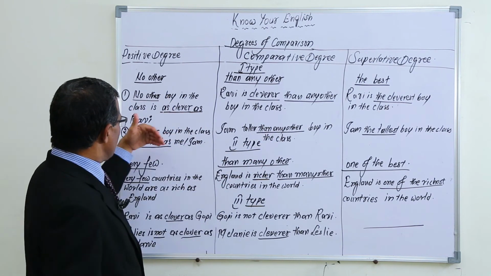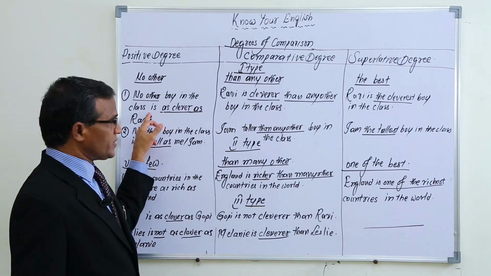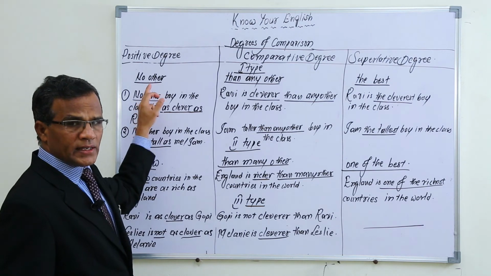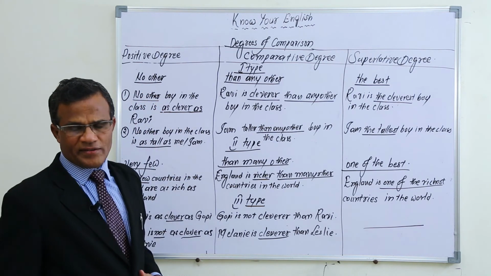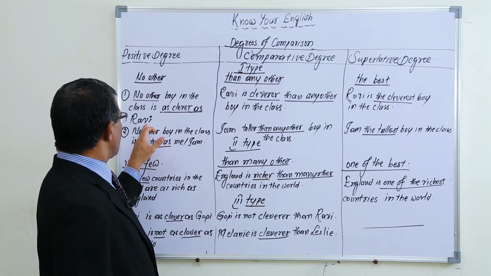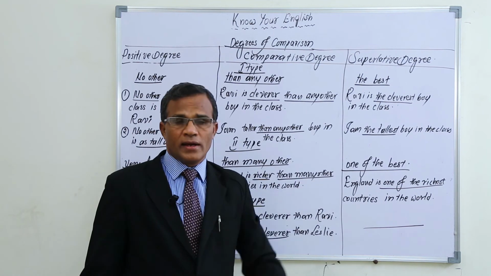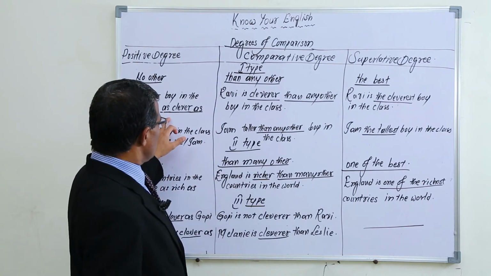Okay, now let me give clarity about this one. No other boy in the class is as clever as Ravi. I am comparing the cleverness of Ravi with other boys of the class. So then I can use it in this way.